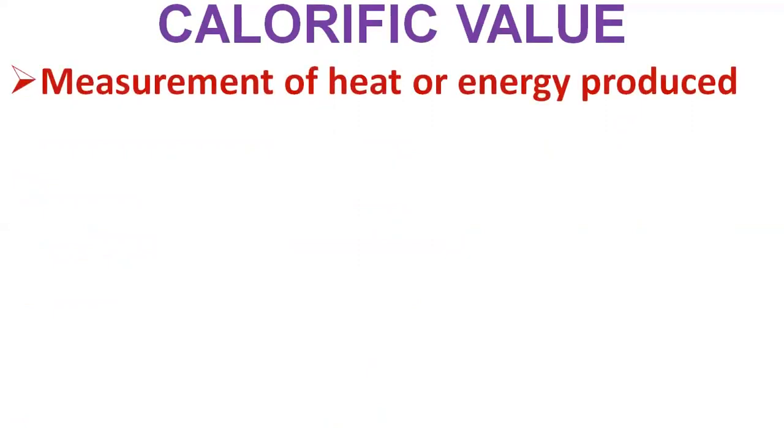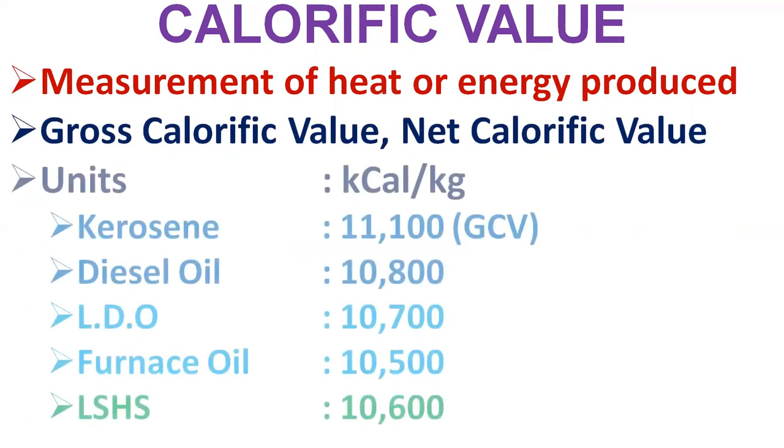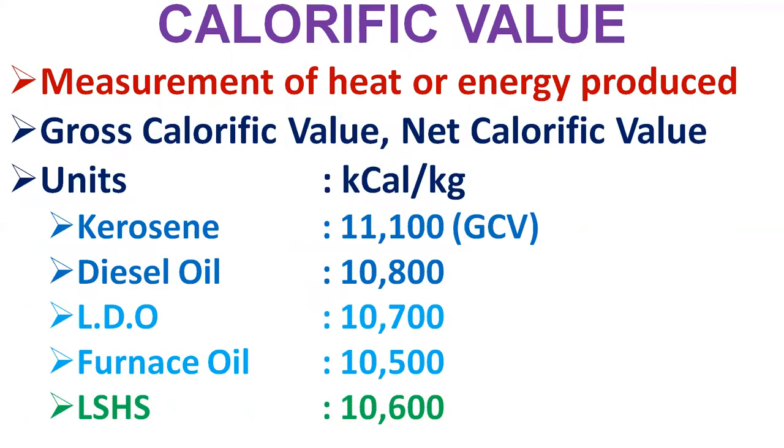So the next point is calorific value, which is the measurement of heat or energy produced and is measured either as gross calorific value or net calorific value. The difference being the latent heat of condensation of the water vapor produced during the combustion process. Gross calorific value assumes all vapor produced during the combustion process is fully condensed.